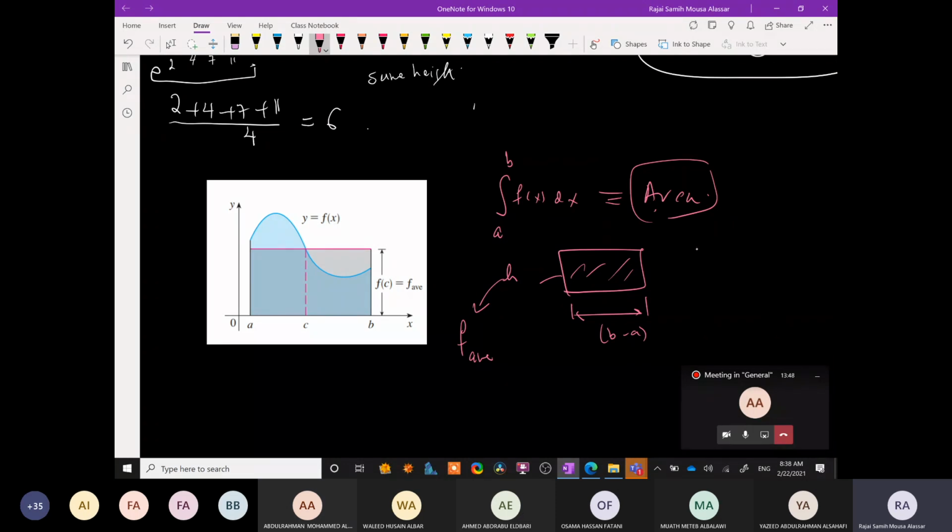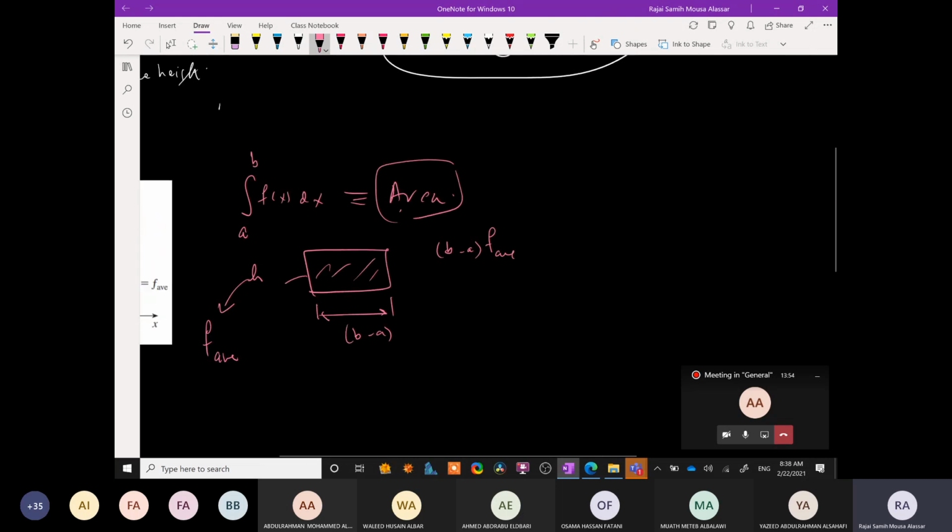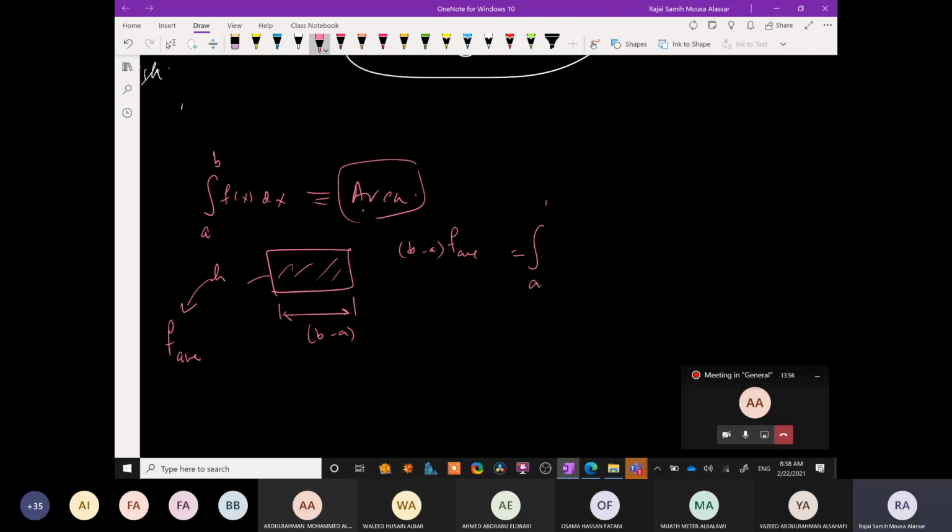So the area of this rectangle is b minus a multiplied by f average, which has to equal the area under the original function, the integral of f of x dx. Therefore my average value is nothing but the area divided by the width, which is b minus a. It's as simple as that.